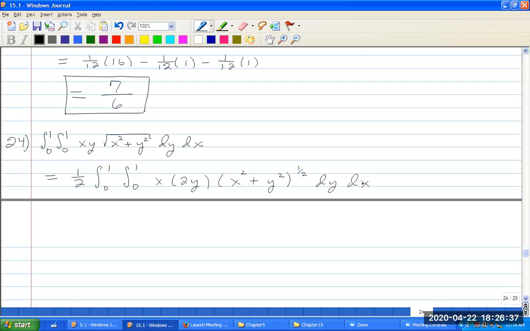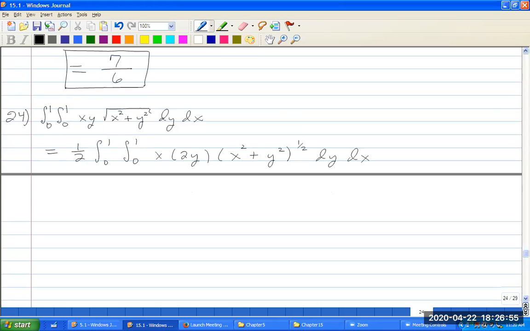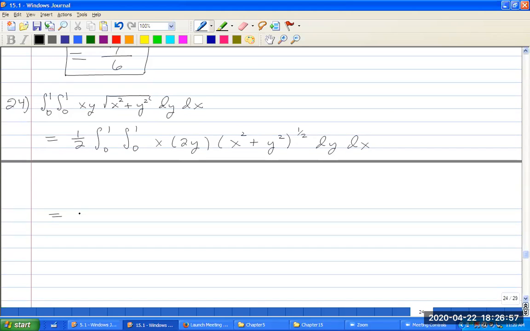Okay, so I want to integrate a constant times 2y times a constant plus y squared all to the 1/2. I'm integrating this with respect to y. And so this is equal to 1/2 integral 0 to 1.